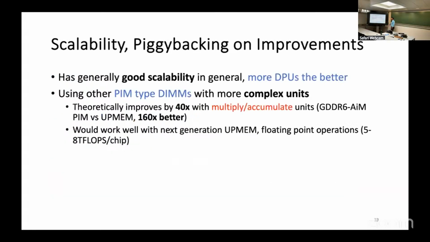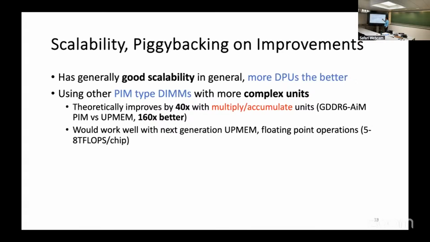So scalability and what I like to call the piggybacking on improvements is basically that PIMnet can be easily added to any newer or updated PIM architectures and DIMMs that come out in the future. It's got great scalability, so that's not a big problem when it comes to future proofing and such. More DPUs, the better. And especially when it comes to different types of PIM DIMMs, it could become better.